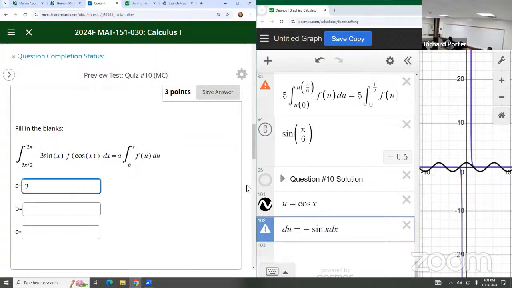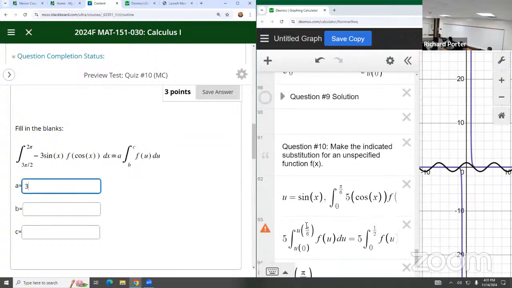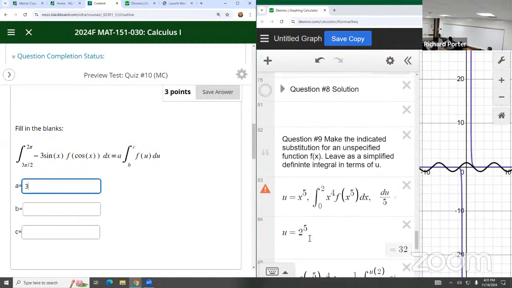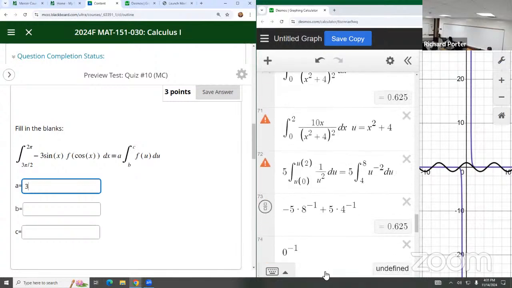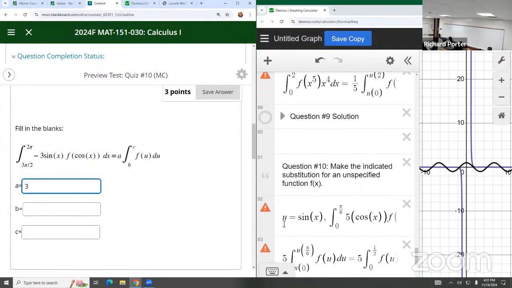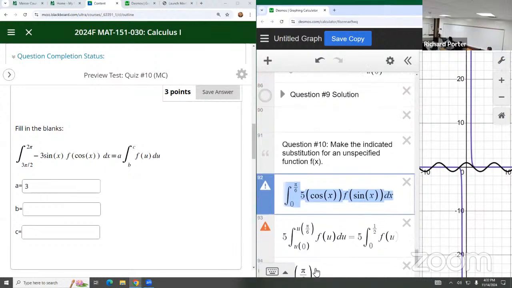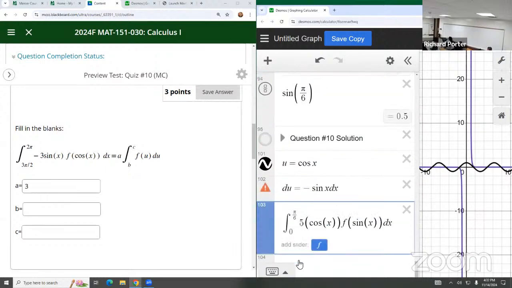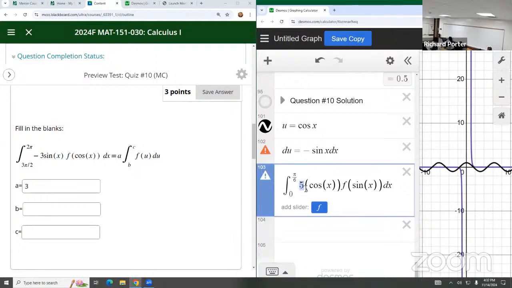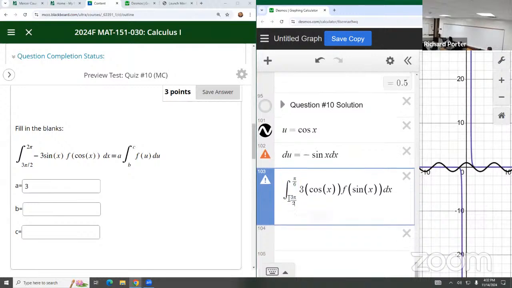Okay. Let me write this integral down so you see it. Actually, it's already written down, right? This is the problem right here. For a quiz, I have to make it a multiple choice. This is a 3, and this is 3 pi over 2, and this one's 2 pi.